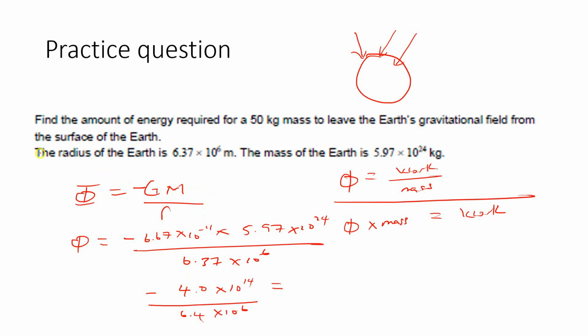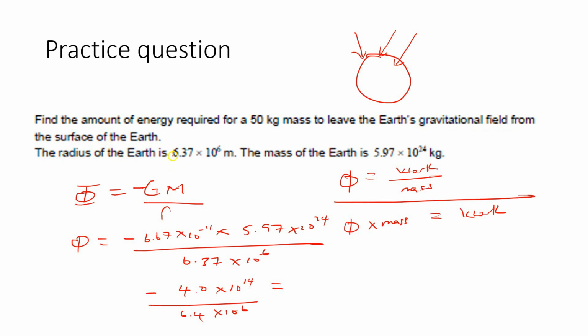So yeah, we could practice a simple question here. It says find the amount of energy required for a 50 kilogram mass to leave the Earth's gravitational field from the Earth's surface.